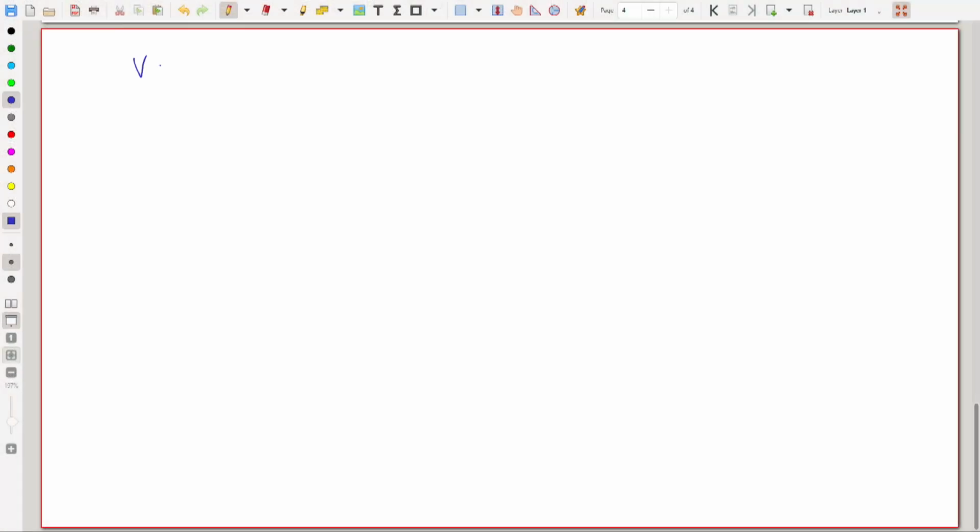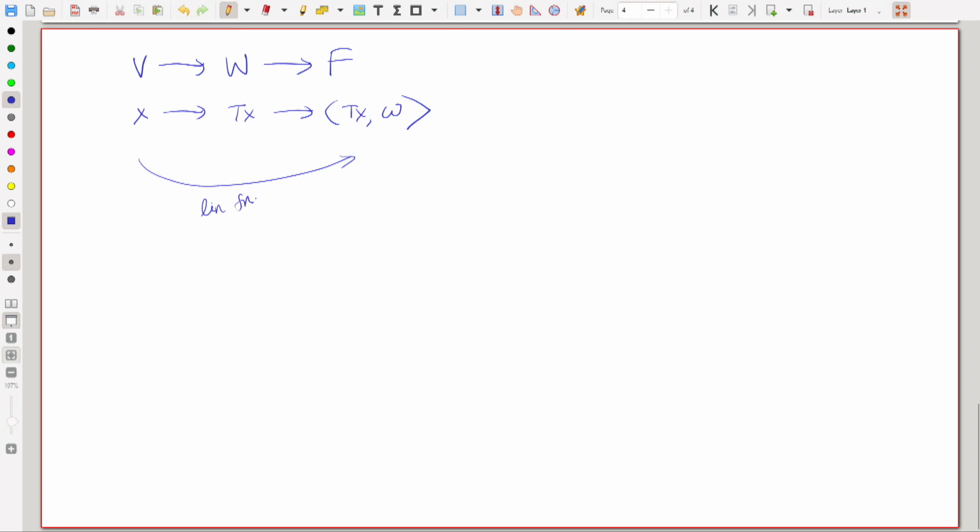So, let me compose these maps. What is the composition going to look like? The composition will now be x maps to Tx, and Tx goes to the inner product of Tx with my fixed element W. So, this overall guy is a linear functional, an element of V star.